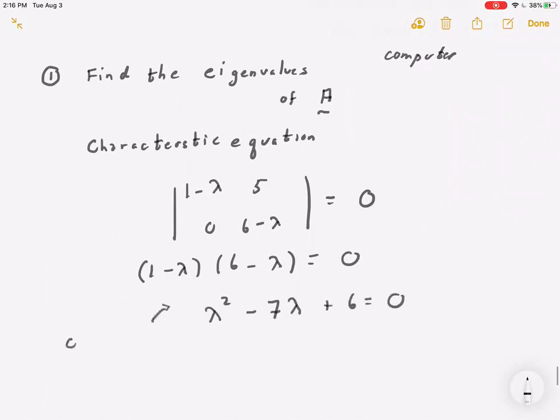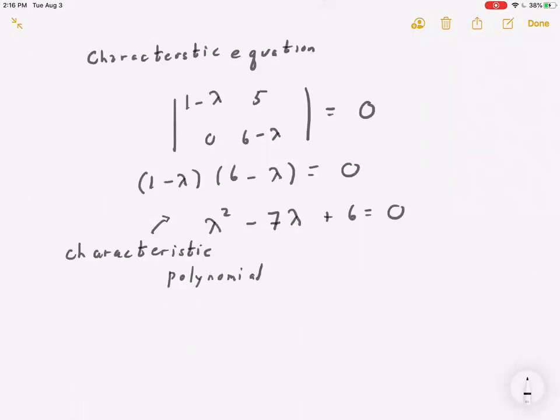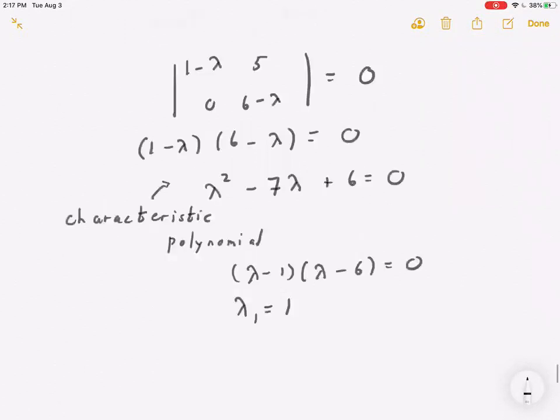So again, we're using all the tools from lectures 10 and 11. I always said the course is cumulative. It builds on skills you've developed before. So I can solve this characteristic polynomial. It's a second order polynomial. And I'll find that one eigenvalue is lambda sub 1, which is 1. And the second one, lambda sub 2, is 6.